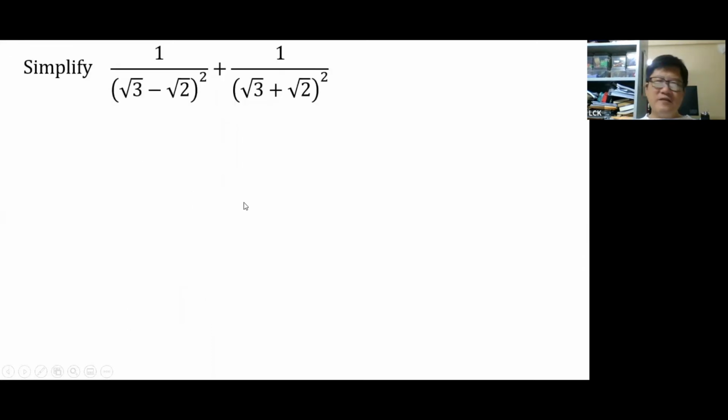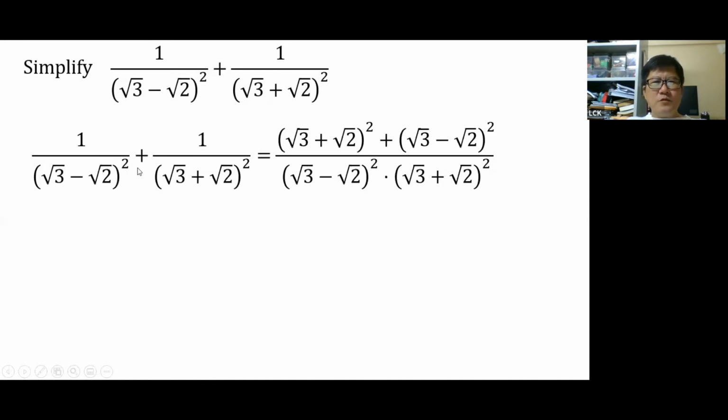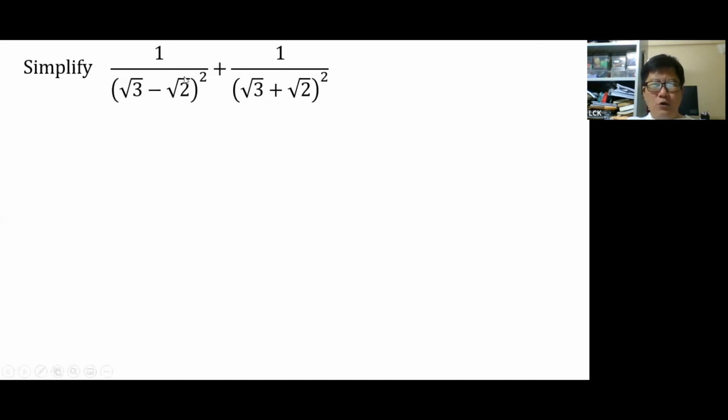Okay, now this is the last simplification one, if I'm not wrong. This looks, again, like a monster. You'll be surprised at the simplified results. It simplifies to something really nice. So here, you have 1 over something plus 1 over something else.